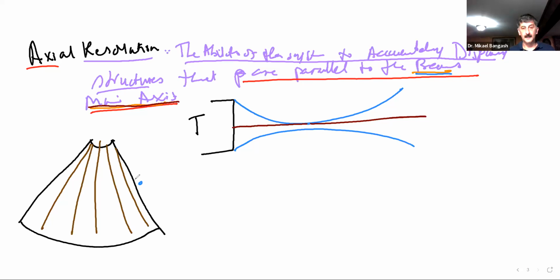Now, if you just look at the different names that axial resolution goes under, one of the names that I like the most is depth resolution. Because you may say you have a structure at this depth here. Clear.